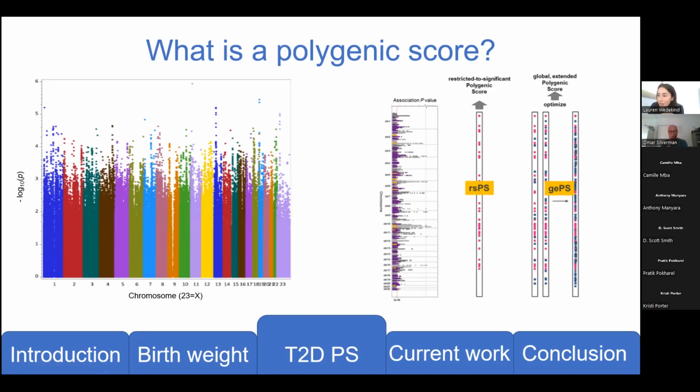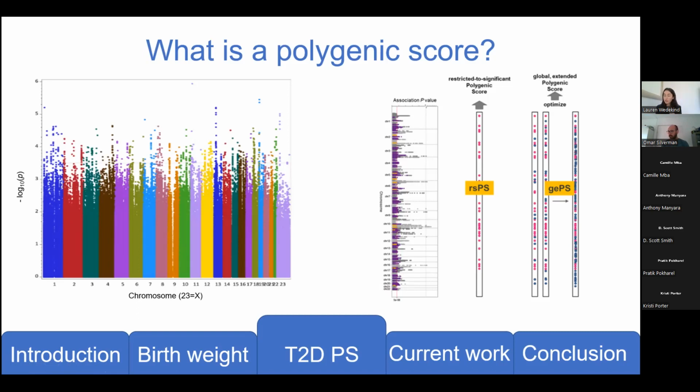On the left-hand side, the RSPS is basically if you take this gray line to the right on that Manhattan plot that's been turned to the side, and then only shave off the points on that Manhattan plot that are higher than that.